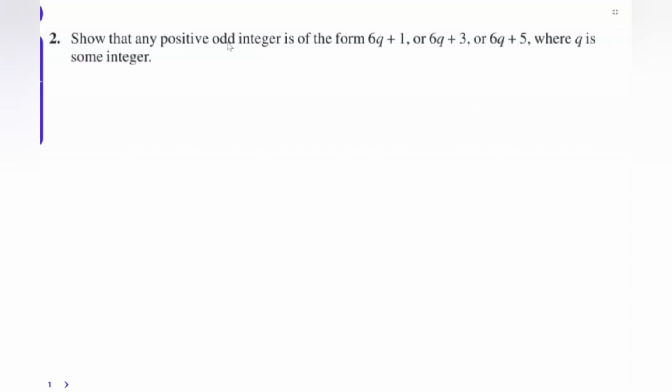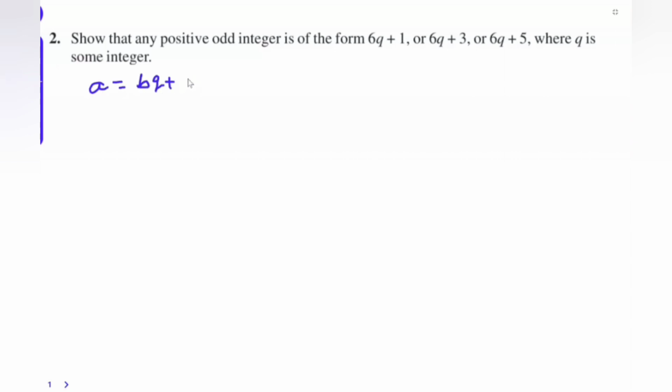Show that any positive odd integer is of the form 6q plus 1 or 6q plus 3 or 6q plus 5, where q is some integer. You need to prove this using Euclid's division algorithm. So using Euclid's division algorithm, we have a is equal to bq plus r.